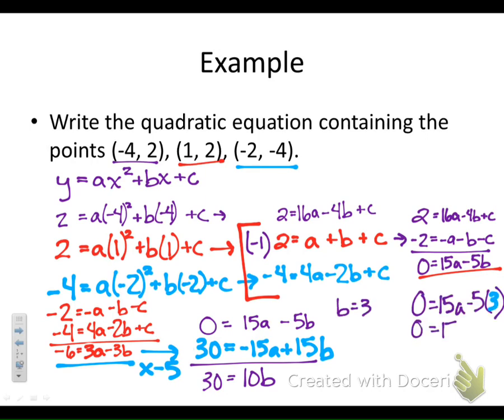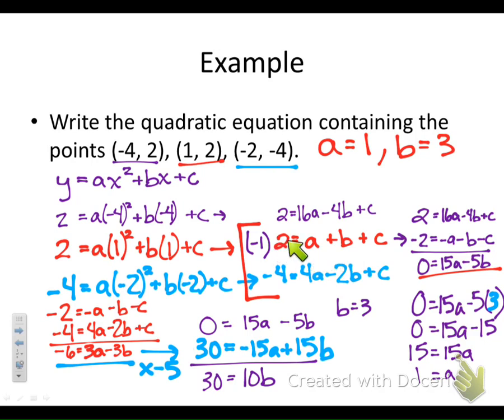If I start to solve for A, add 15 to both sides and divide by 15, I realize that the leading coefficient is 1. To find the constant term, I'm going to plug into one of my simplified original equations.